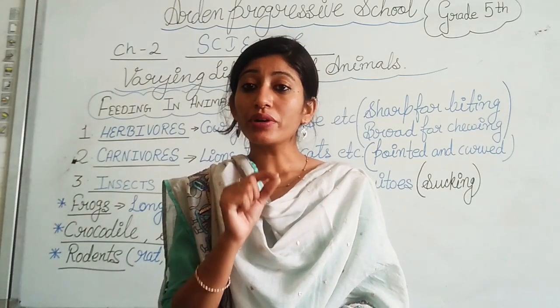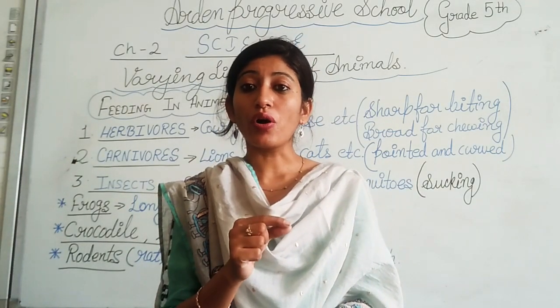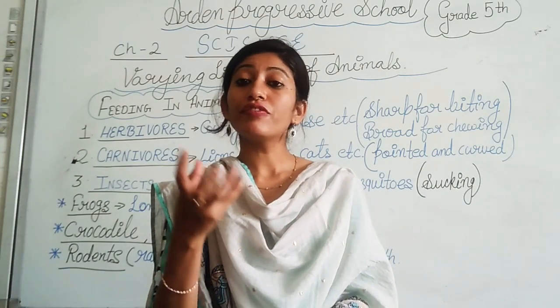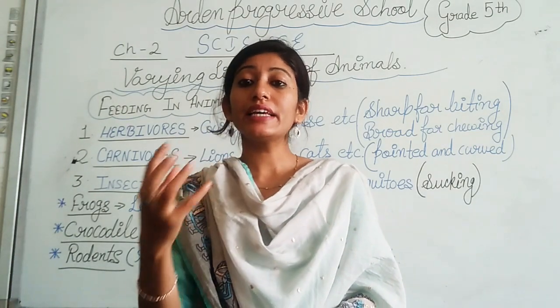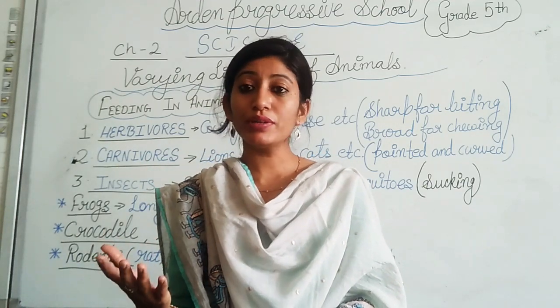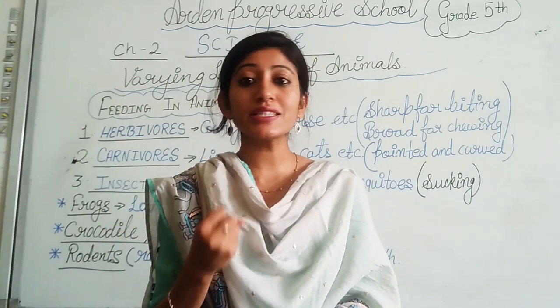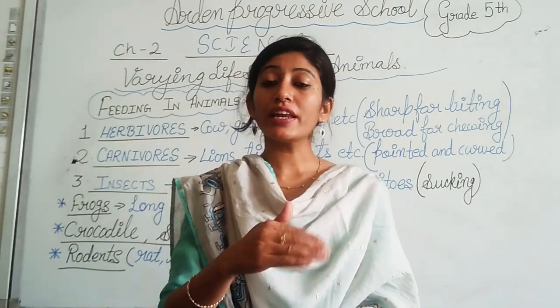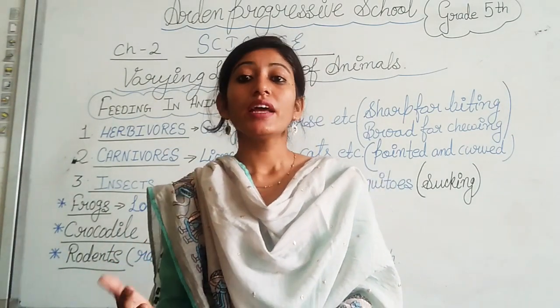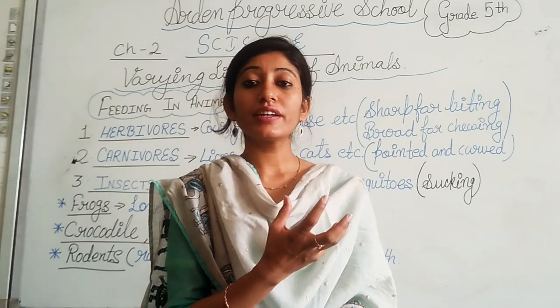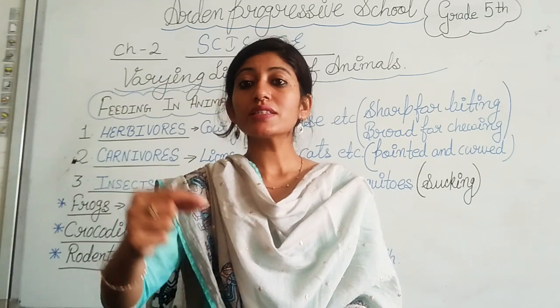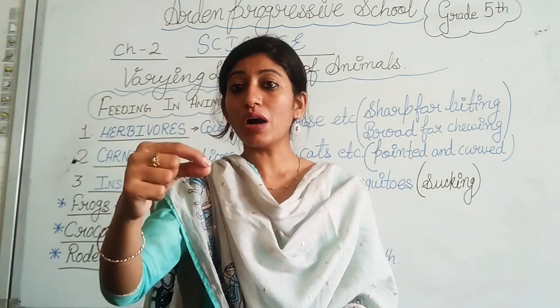Now, if you have noticed, whenever a frog sees its prey, means the food, the insect that it wants to eat, because I hope that you all know that the frog eats insects only, flies, insects. So when the frog sees its prey, what type of activity does it do? It just opens its mouth and the tongue comes out.